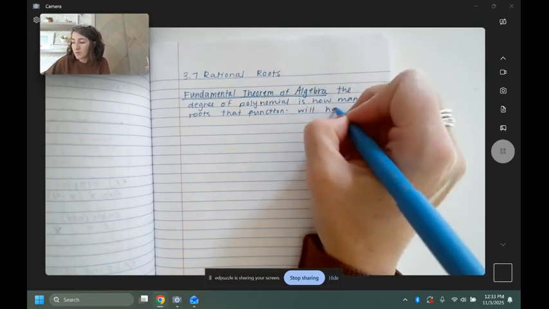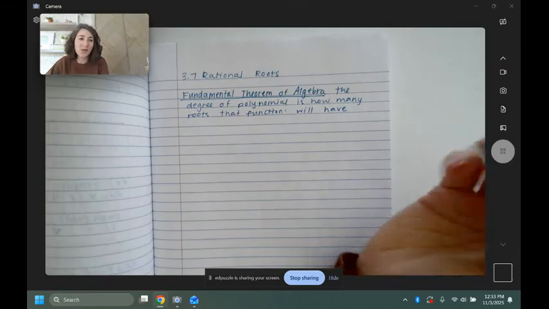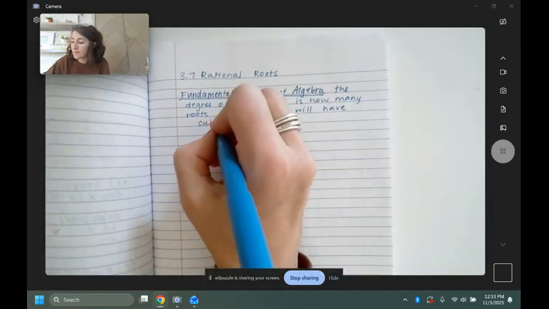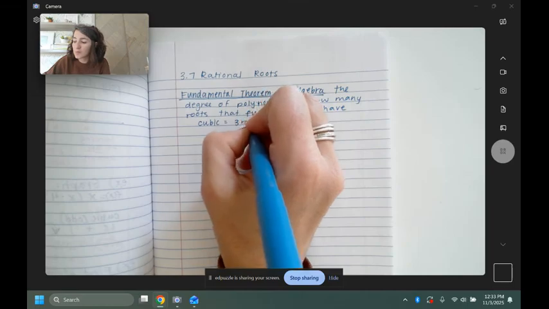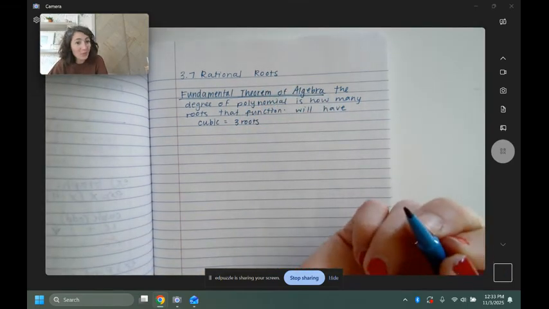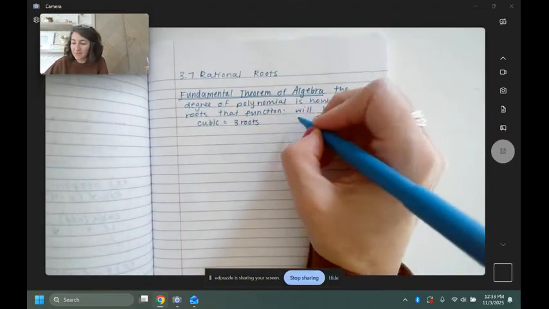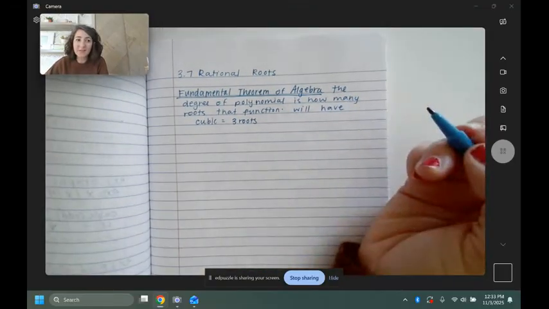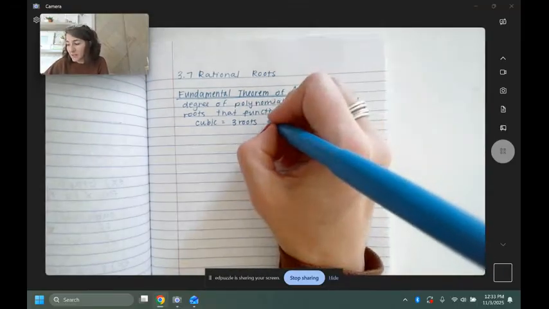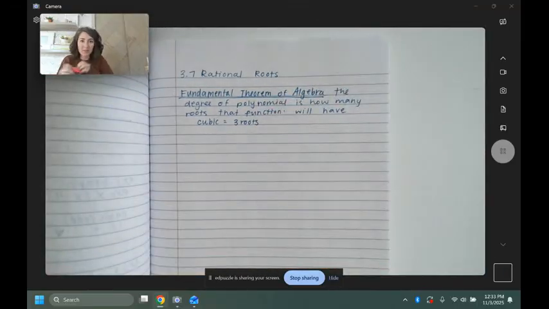So, for example, if it's a cubic function, there'll be three roots. Some could be imaginary, some can be real, but there has to be three total. It could be a multiplicity of three. I'm going to do a couple examples here.